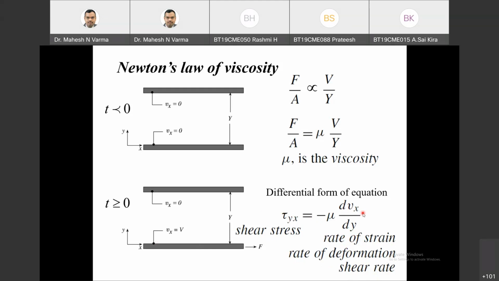Now, if we look at the generalized form, till now you are aware of scalar and vector. A scalar is a physical quantity which doesn't have any direction. A vector is a physical quantity which has one direction, like velocity Vx, Vy, Vz.